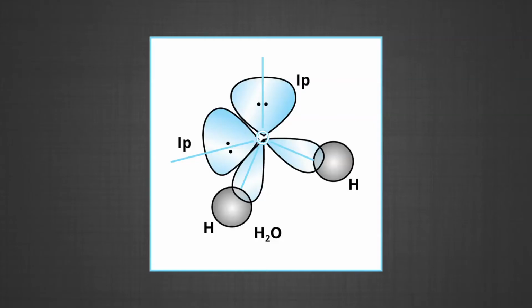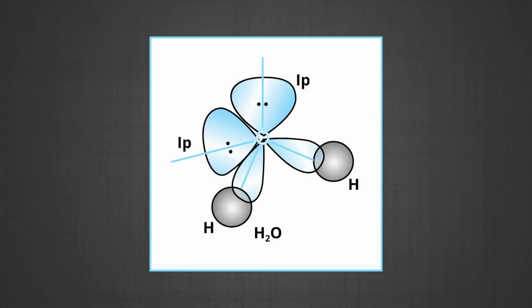In the case of the water molecule, the four oxygen orbitals, one 2s and three 2p, undergo sp3 hybridization, forming four sp3 hybrid orbitals, out of which two contain one electron each and the other two contain a pair of electrons.